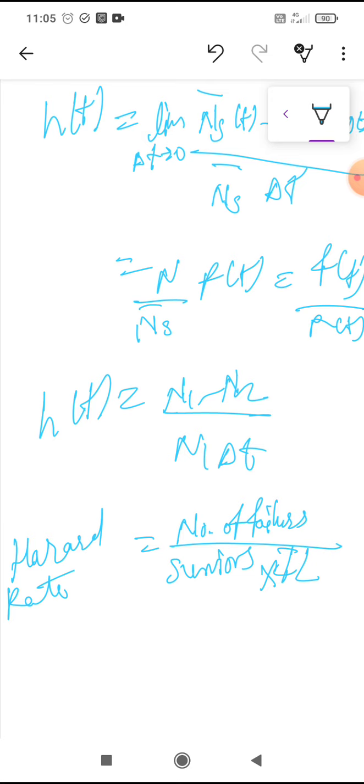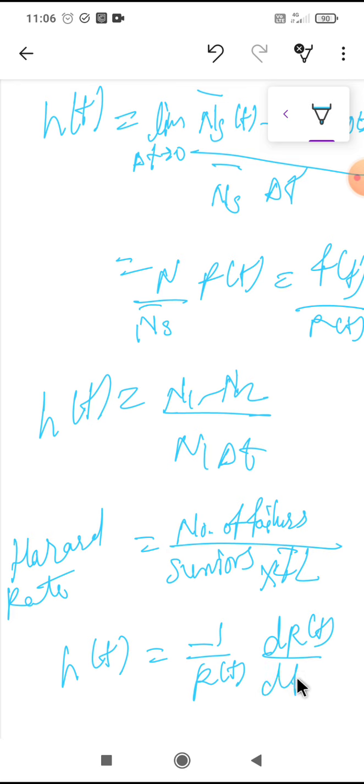So hazard rate is a relative rate of failure in that it does not depend on the original sample size. A relation for the hazard rate in terms of reliability is that h of t is equal to minus 1 upon r of t into dr by dt.